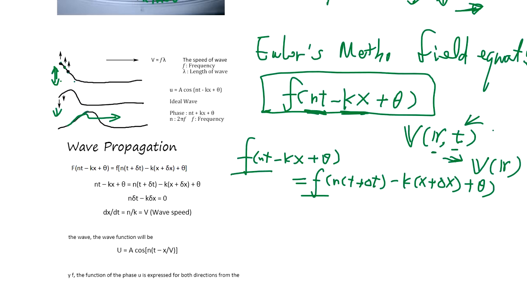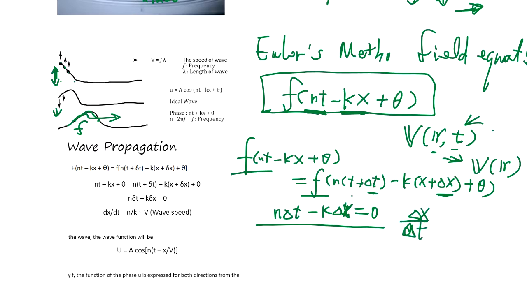Whatever the function f is, if it's located at x, then delta t time later, it's located at x plus delta x. That is the condition for the wave to propagate. So delta x over delta t must be omega over k, and this should be the speed, the perceived speed.